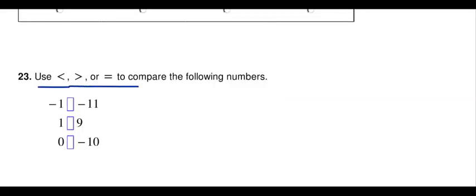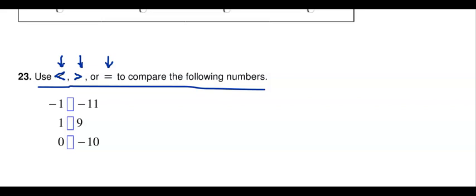All right, so 23, it says use these signs. This sign means less than, because it's pointing down or to a smaller. This one means greater than. So it has the open side on the left, so that's greater than, and of course, you know what equals is. So it says compare each one of the following.